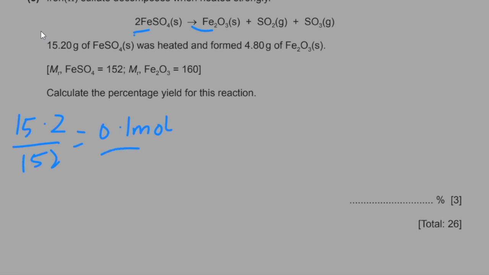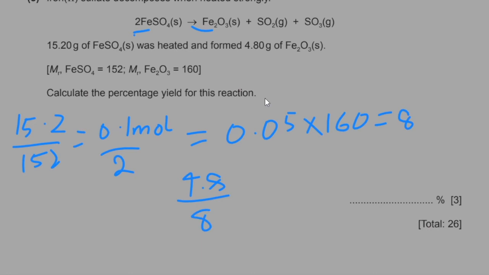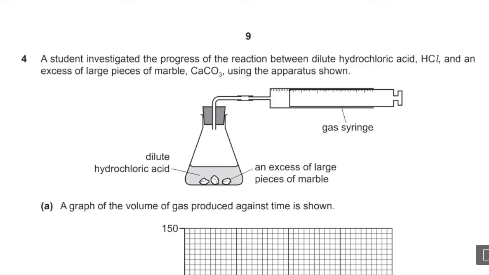That should mean 0.1 divided by 2 gives you half of its value, which is 0.05 moles of the product. And now you need to calculate its predicted mass. So you multiply the value of moles with its molecular mass, and that would be 8. Using the formula, actual yield divided by the predicted yield and multiplied by 100, you have the percentage yield of this reaction as 60.